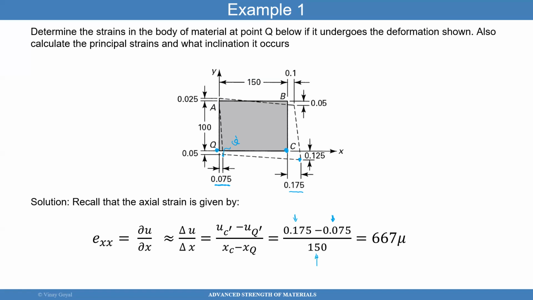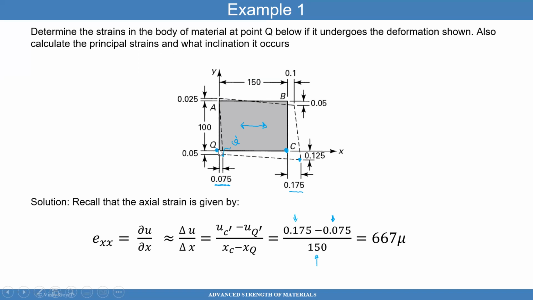So that's how I can calculate the strain in the axial direction, which is this direction, by looking at how point C moved to C prime and how point Q moved to Q prime. I did not look at the deflections at point A because the question is, what are the strains in the body of material at point Q?